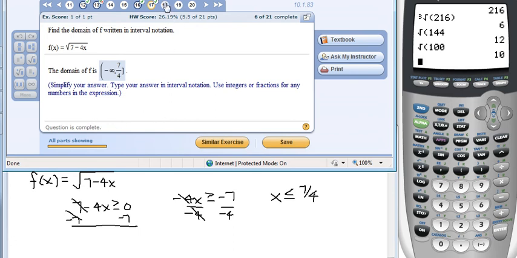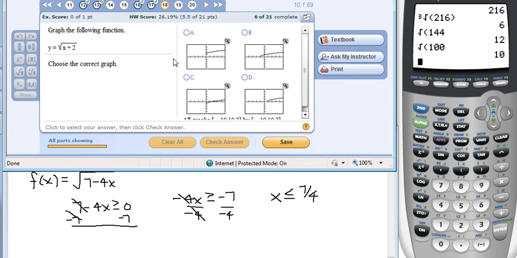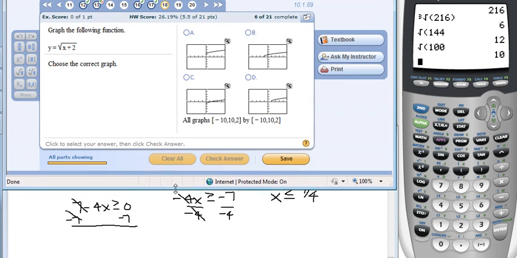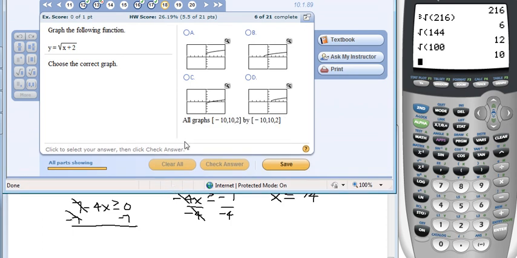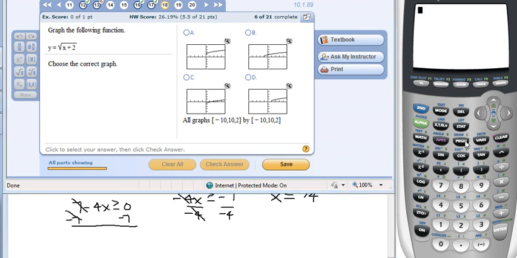All right, what else do we? Oh, we're almost done. Okay, so let's start graphing. Okay, let's use the calculator to show us how it's looking. So we want the square root of x plus 2. I'm going to match up our graph. Okay.